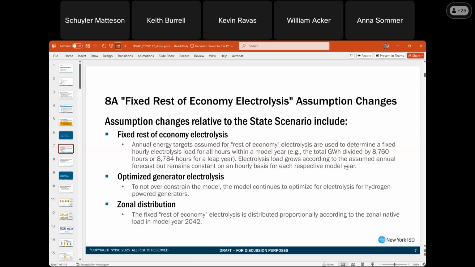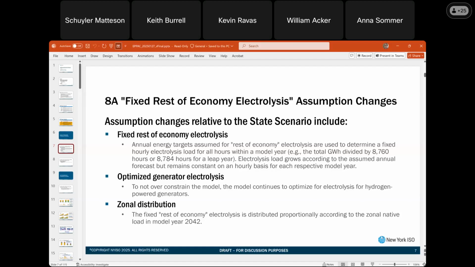And we wanted to test, what happens if, as things currently stand today, these are just businesses. These are loads interconnected to the NYISO that don't right now have to have any flexibility. What if we go all the way in the other direction and there isn't necessarily control, and they are, as Bill was saying, high capital resources that want to just get built and run. So this is the opposite alternative.